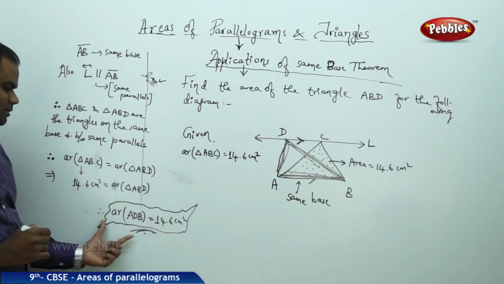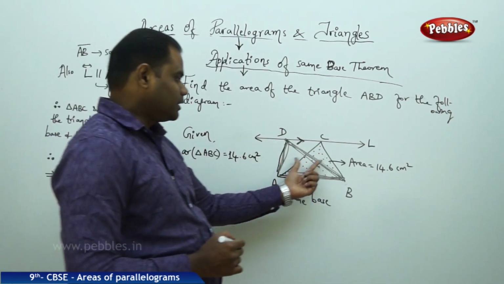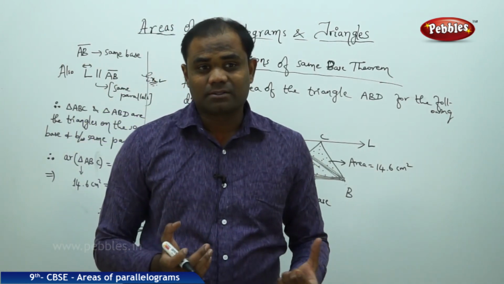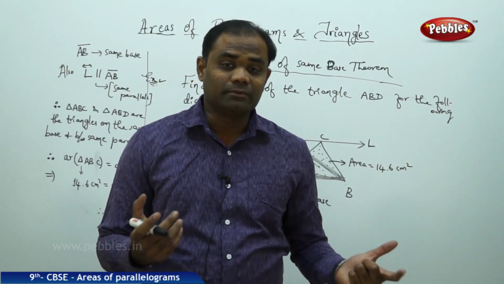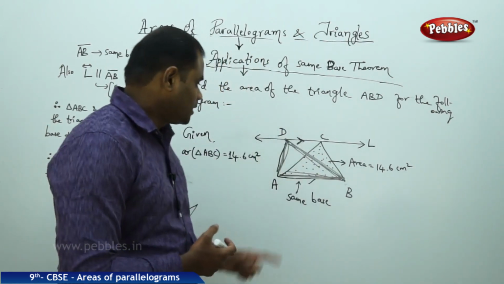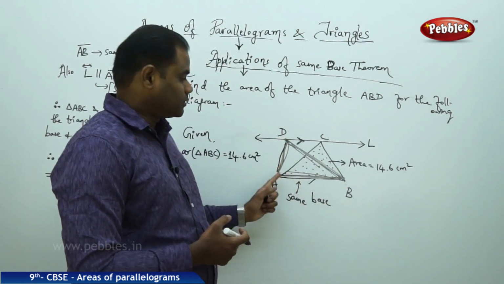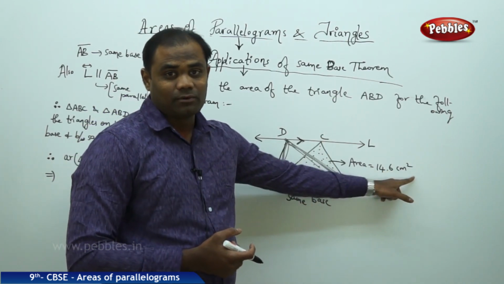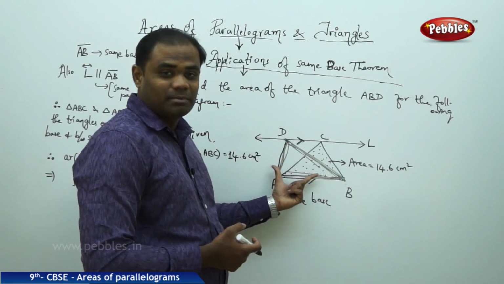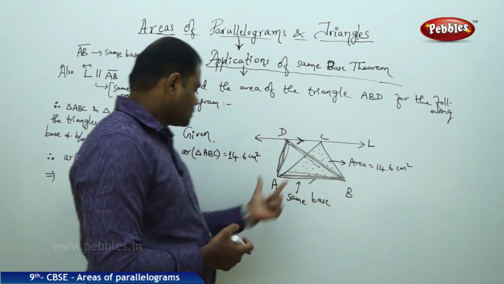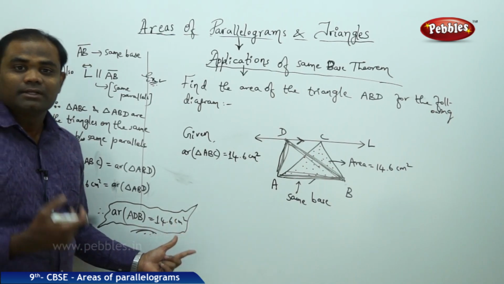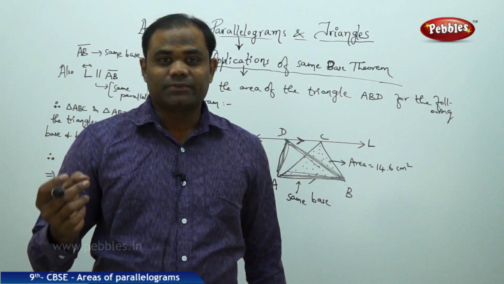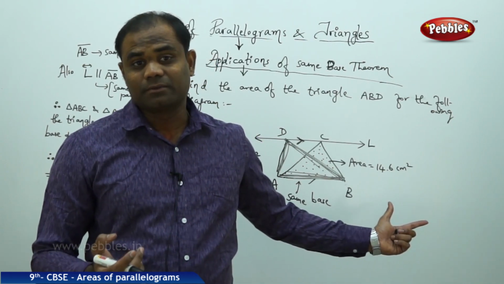Two triangles on the same base and between the same parallels are equal in area, and hence the area of triangle ABD is equal to the area of triangle ABC with 14.6 centimeters square. Therefore, the value of the area of this planar region ABD equals 14.6 centimeters square. This is how we understand the application of same base theorem in real life.